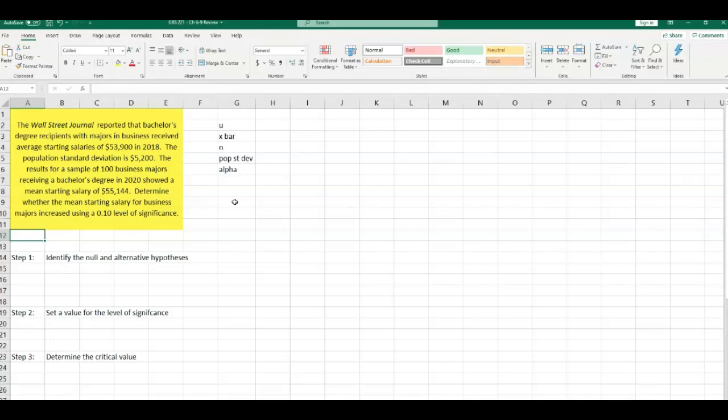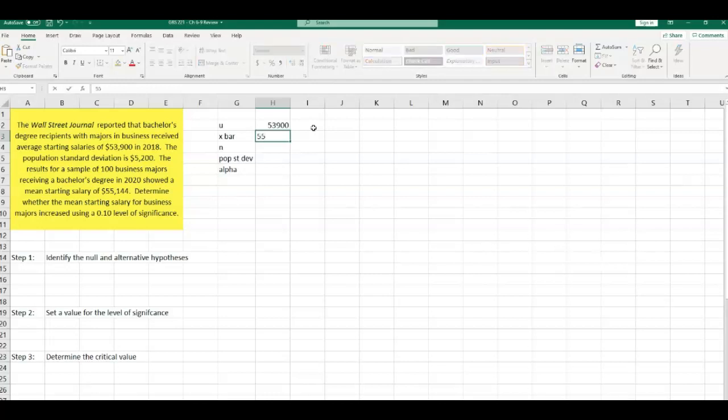So once again, just like we've done in every other problem, we want to write out everything that we're told. So we're going to start here with our mean, our population mean. So our population mean is this 53,900. Our X bar is the sample mean, right? This is when we look at the sample of 100 business majors. What was the average starting salary for them?